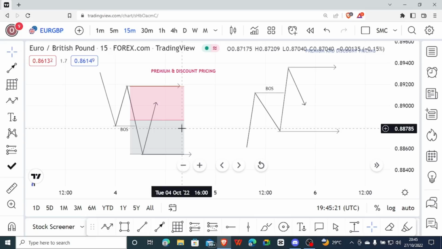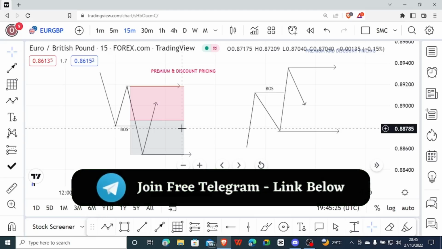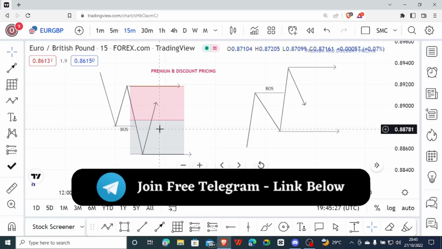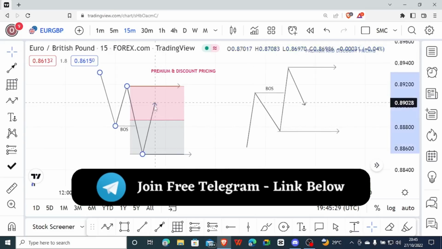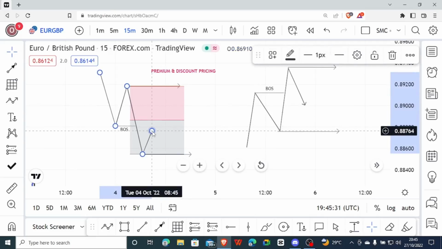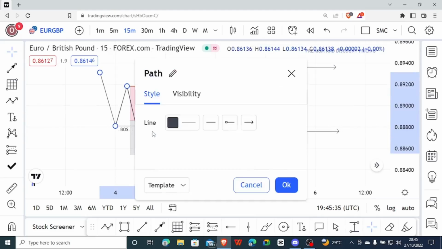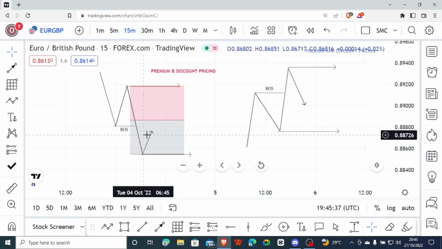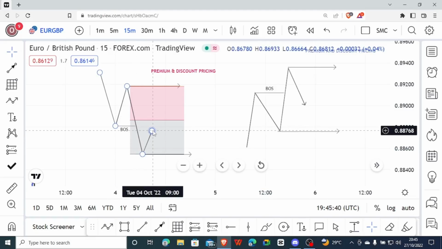It will help you, all right, to buy cheap and sell expensive, because instead of buying when price is somewhere here, instead of selling when price is somewhere here, all right, if you sell when price is somewhere there, you are selling cheap. And every businessman knows that if you sell cheap, you will soon be out of business.